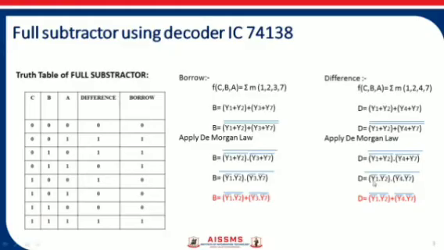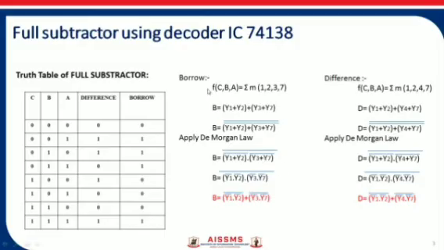So according to that, the expression will be Y1 bar dot Y2 bar, and in the other bracket Y4 bar dot Y7 bar, and a whole bar remains, so we write the whole bar here. If I again apply De Morgan's theorem considering this whole bar, the expression will be (Y1 bar dot Y2 bar) whole bar plus (Y4 bar dot Y7 bar) whole bar. So this is the final expression for the difference.